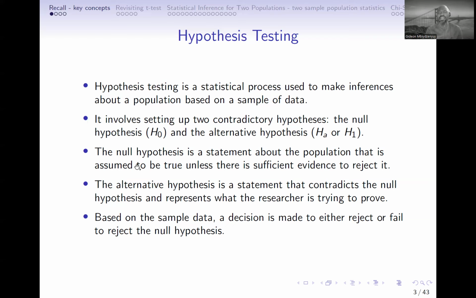The fact that they are contradictory or mutually exclusive means that either one of them can hold, not the other. We often apply the test to the null, and if we can admit or reject the null, it automatically says something about the alternative. So we do not apply the test on the alternative.